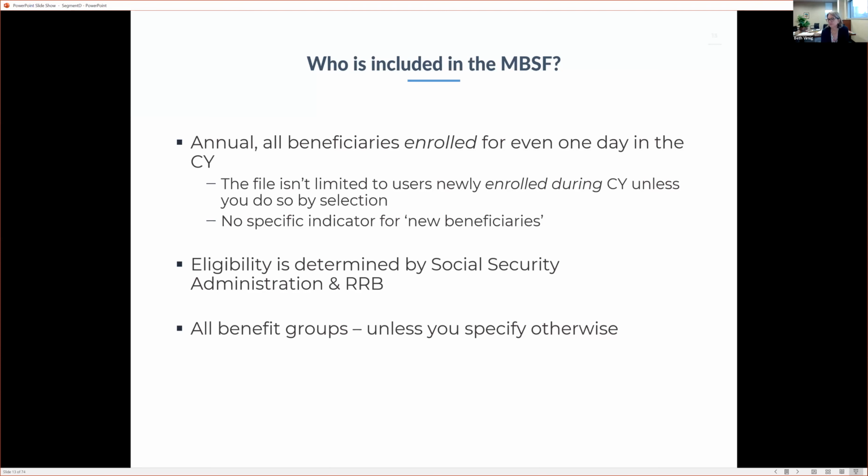So unless you say, I only want old age, I only want the elderly, or I only want the disabled, you will get everybody and you'll have to sort it out. If you remember the last segment where Nate was talking about deciding whose data you want to ask for and what you want to keep, these are places where you might be making a very simple decision: I only want the elderly, or I only want disabled, or I want everybody.